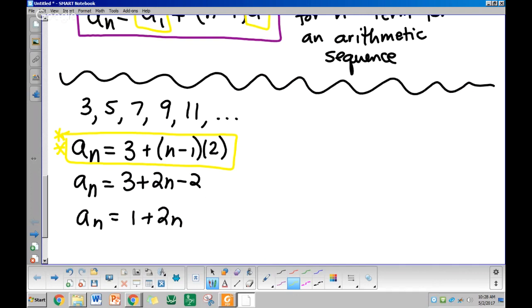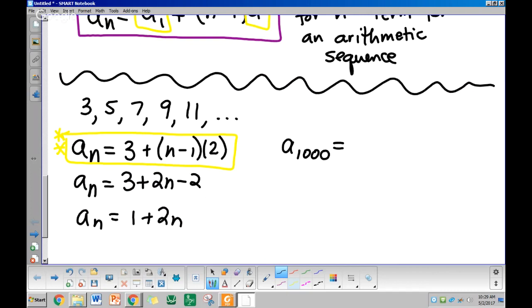Now, I said, wouldn't it be nice if we could find the 1000th term, right? Which would be a sub 1000. So a sub 1000 equals, so what are we going to do? We're going to take and make n equal to 1000 in our equation.